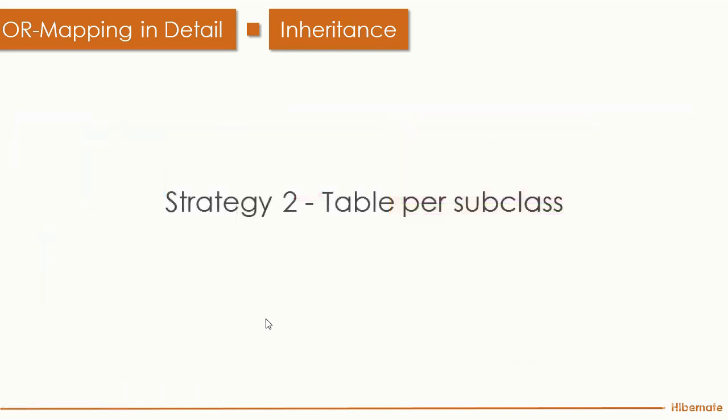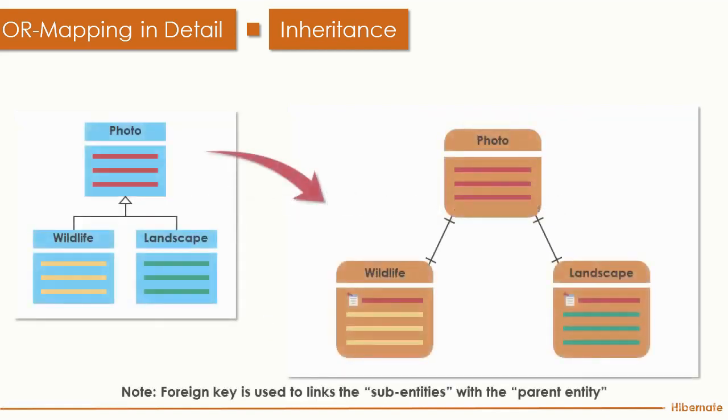The second strategy is to have a table per subclass. Then you will get a very similar structure. You have a photo, wildlife, and landscape class. Then you have a photo, wildlife, and landscape table. This can save a lot of space. You see, we don't have redundant columns.